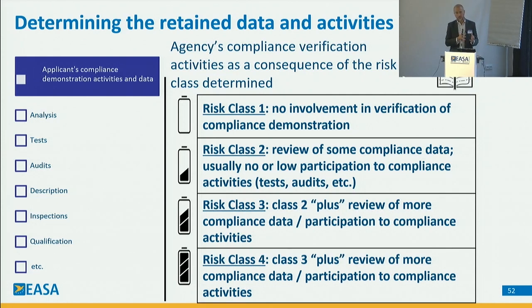How can we translate the numbers into the detailed activities? Of course, when we talk about detailed activities, we are talking about review of documents, review of compliance data. Document is just one means to convey compliance data, but one can focus on specific compliance data, test witnessing, audits. These are all types of involvement of the agency. And this is what we need to see.